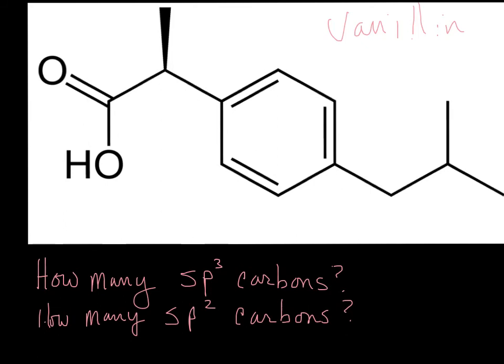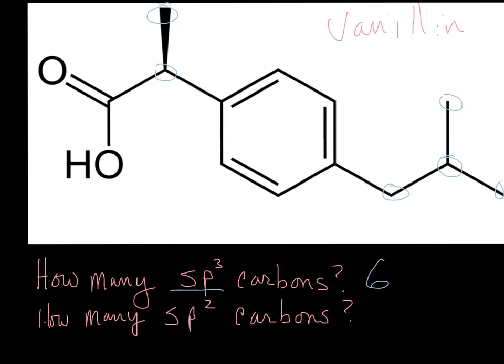Alright, so let's do sp3. I've got 1, 2, 3, 4, 5, 6. I have 6 carbons here that would be sp3 hybridized. And again, you're not seeing the hydrogens on this, but that's what you got.